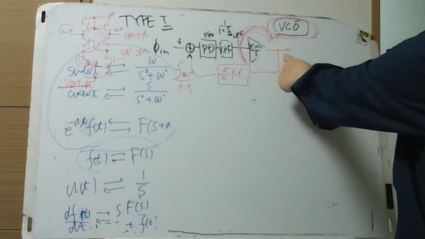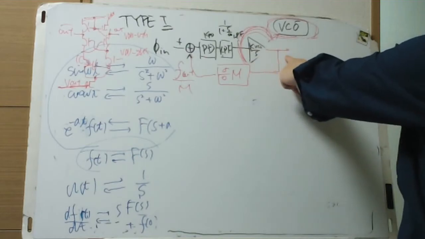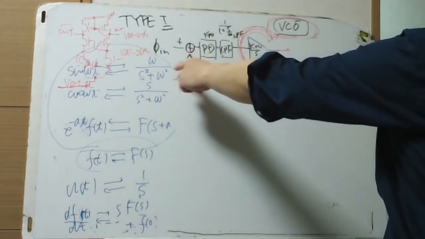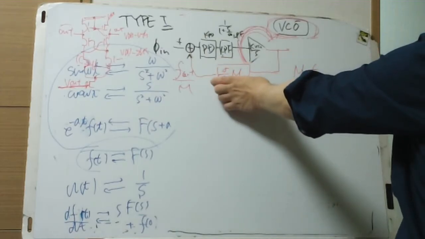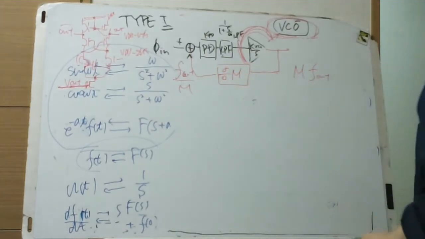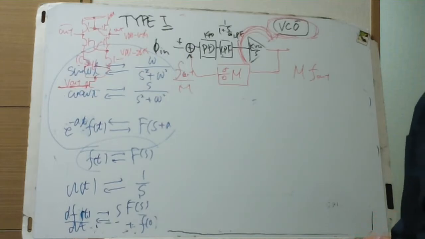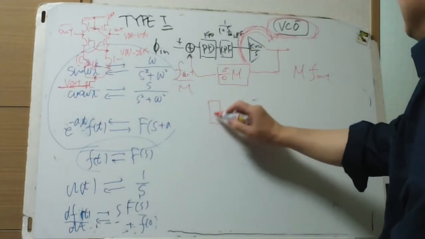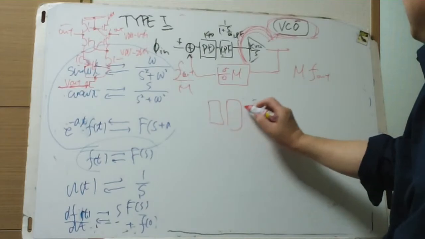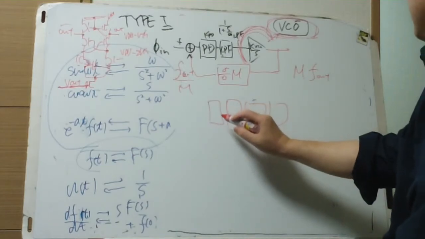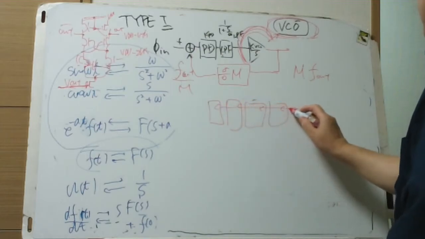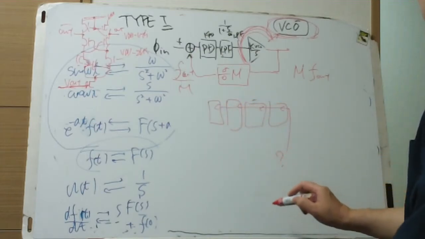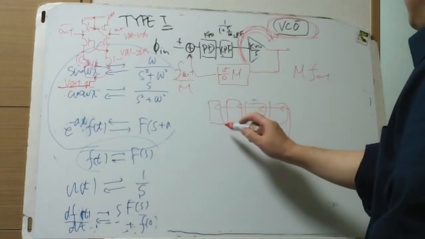And the output is M times the F in, because in the feedback loop, in between the feedback, there's a divider of M. 1 over M times 1 over M. This is 2. This is 4. They're usually using some clock. What kind of clock? And divide by.